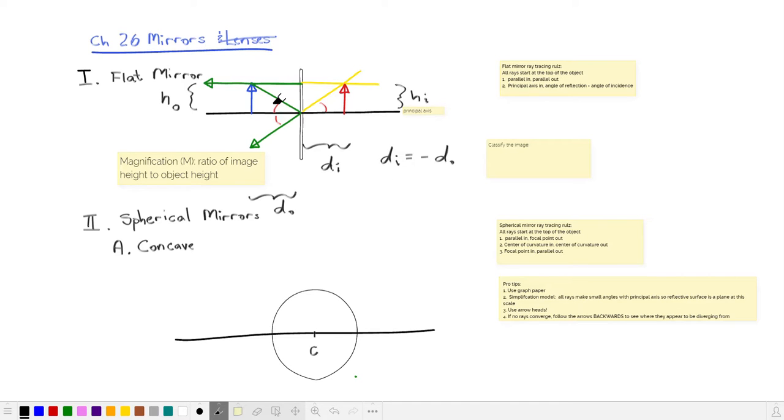And also, just using similar triangle arguments, you notice that the ratio of the height of the object to the distance of the object is equal to the ratio of the height of the image to the distance of the image. So I'll just write that down as a ratio.